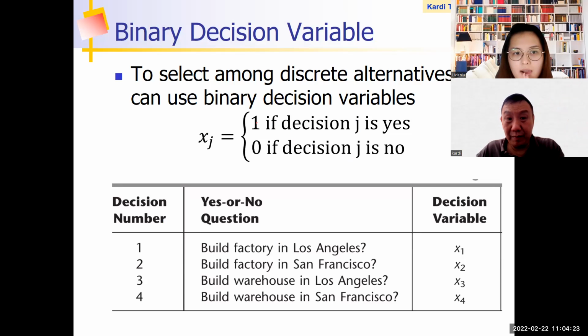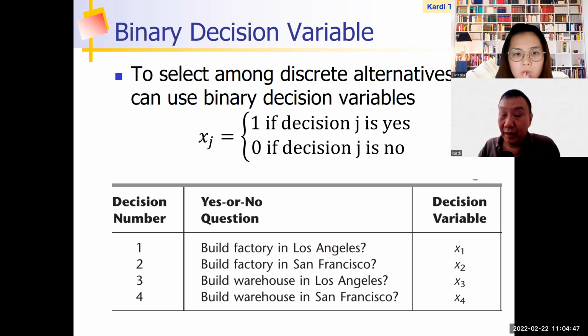Binary decision, 1 usually mean yes, 0 mean no. For example, something like this. Do you want to build a factory in certain city, for example, in Los Angeles, or do you want to build factory in San Francisco? Do you want to build a warehouse in Los Angeles and in San Francisco?